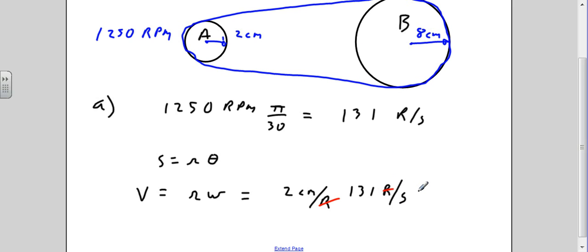So I'm going to multiply by 2 and divide by 100. 2.62 meters per second. Okay, so now I've got A, the velocity of the guy at A.